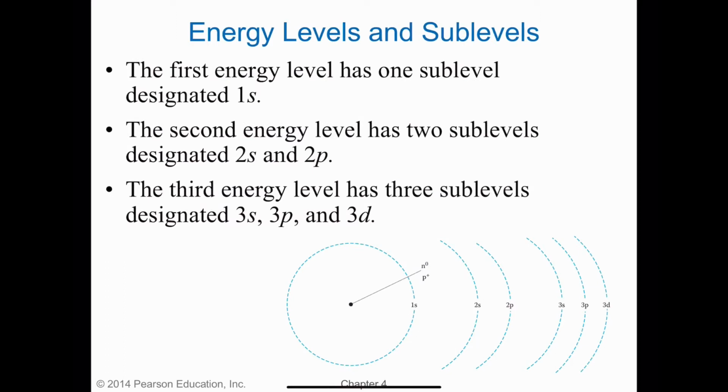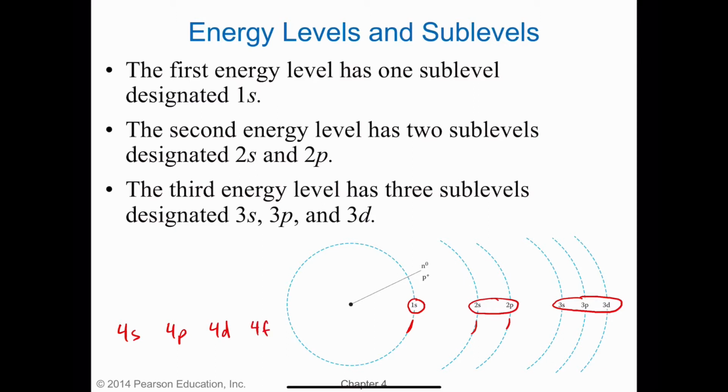And then we also talked about the actual names for these. So the first energy level just has one sublevel, and we called it 1s. And then the second one has two sublevels, so 2s and 2p. The third one has three of them, 3s, 3p, and 3d. And then the fourth one would have a 4s, a 4p, a 4d, and then 4f.